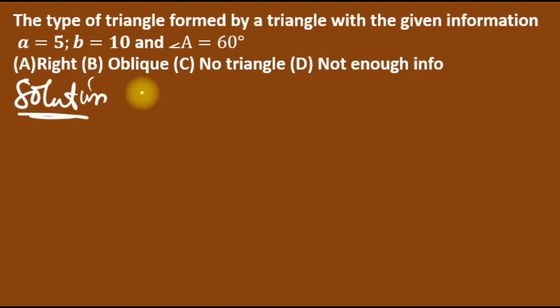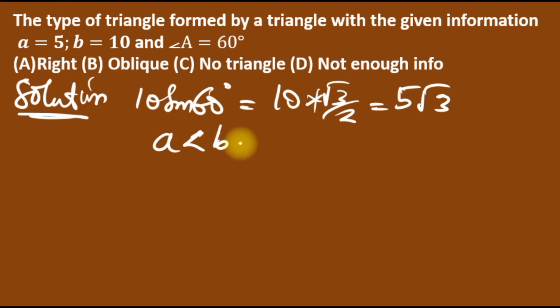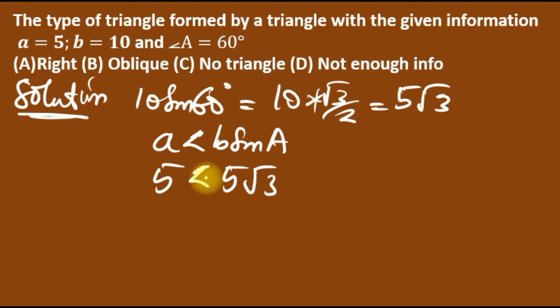So b sine 60 is equal to 10 times root 3 over 2, which is 5 root 3. And if you notice, a is 5. So we see that a is less than b sine A, because a is 5 while b sine A is 5 root 3. And 5 is less than 5 root 3, so no triangle is formed.